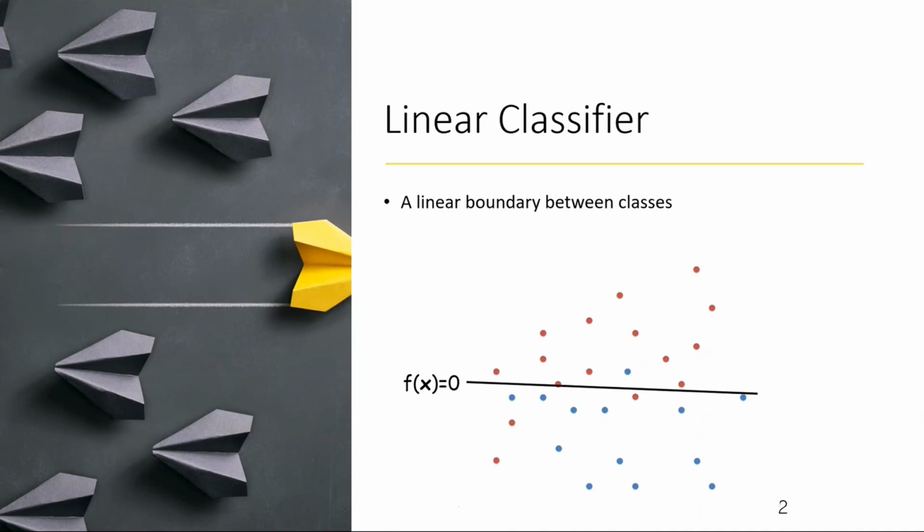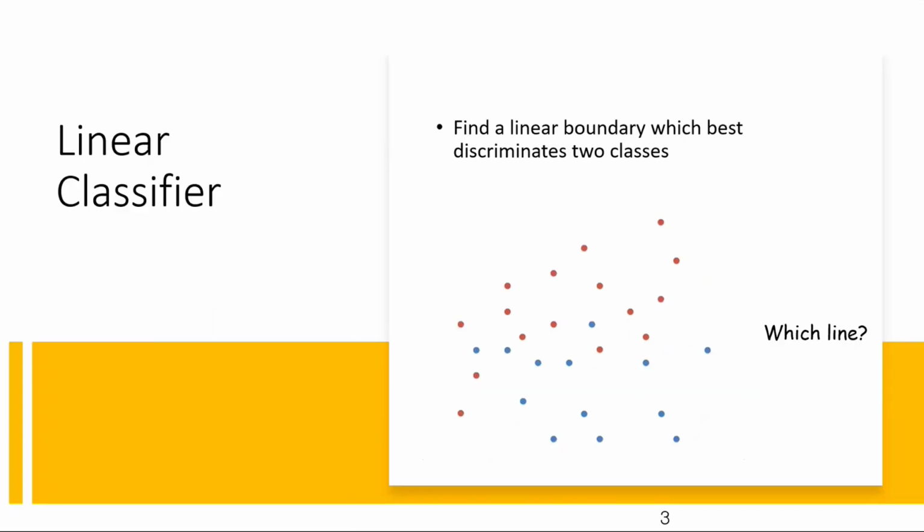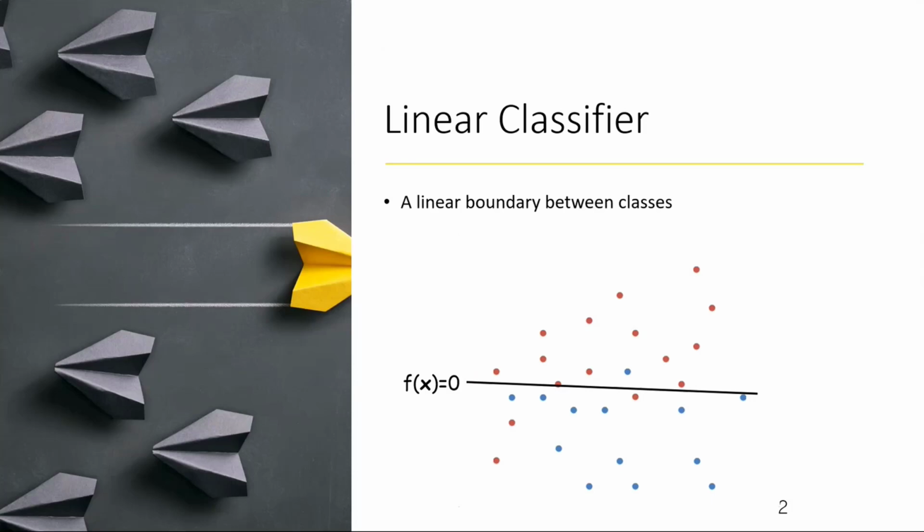So for example, there are two types of dots or circles. One is red and another is sky blue.